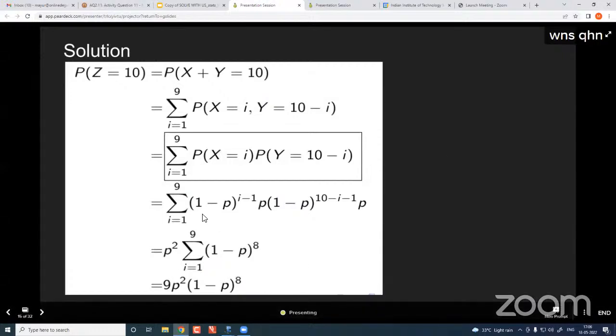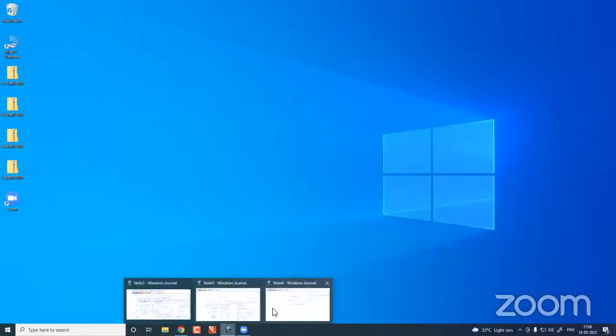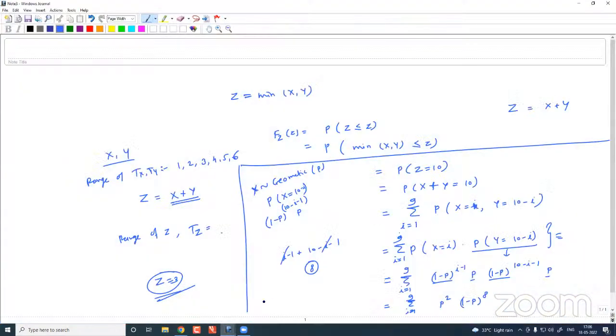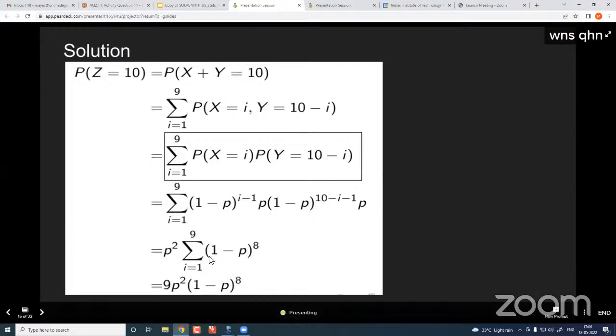So this is (1 minus p) to the power 8. P square you can take common, and both of them you can take common outside the summation of I equals 1 to 9. What will happen then? It is 9 times these terms.